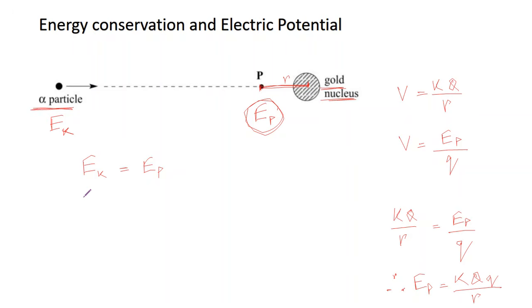So my equation becomes kinetic energy, and the value of the kinetic energy is very often given in the question, will be equal to electrostatic potential energy, which we just found out, which will be kQq by r. You just make r the subject of the equation. I know it's very complicated, but one of the most common questions. Go through this very carefully, solve some questions regarding this. It's a very commonly occurring question in the question paper.